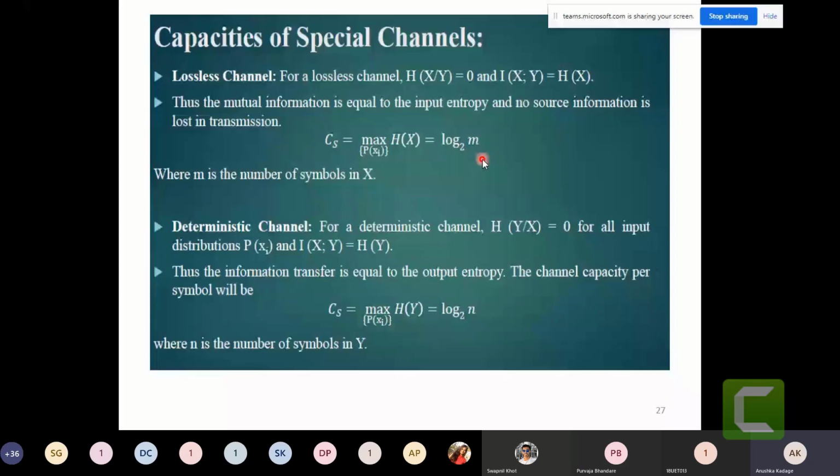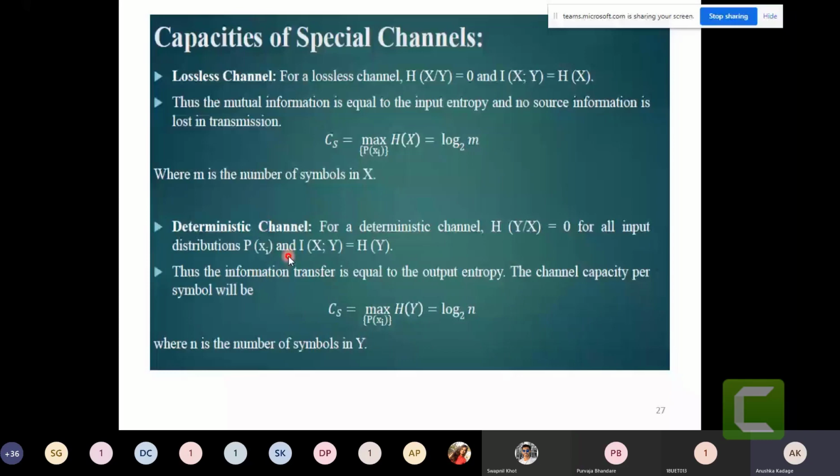But in the case of the deterministic channel, we have H(Y/X) equal to 0. Why is H(Y/X) equal to 0? Because in this situation, we find all the probabilities associated with p(xi), that is first the transmission and then the reception is observed.